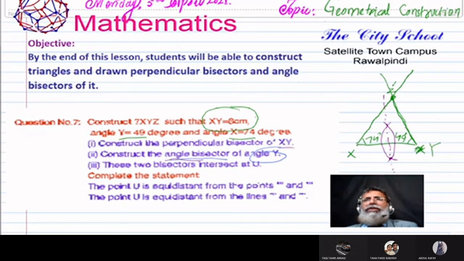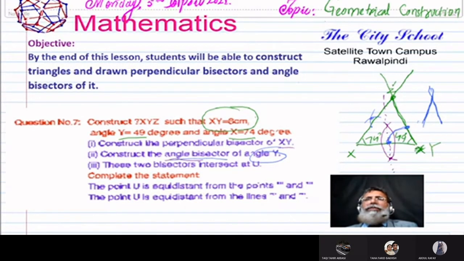How will we be drawing it? First we'll be drawing an arc which touches both the lines, and from both of the lines using a compass, we'll be drawing this arc. Now from this point we'll be drawing an arc, and from this point we'll be drawing an arc which intersects at some point.